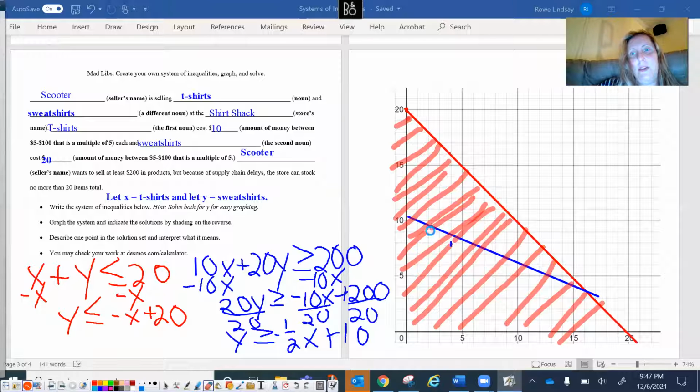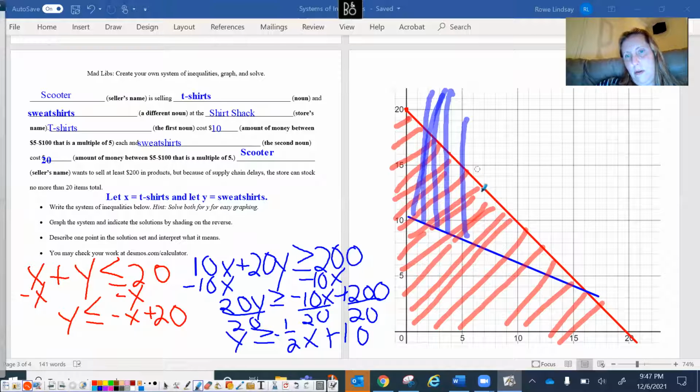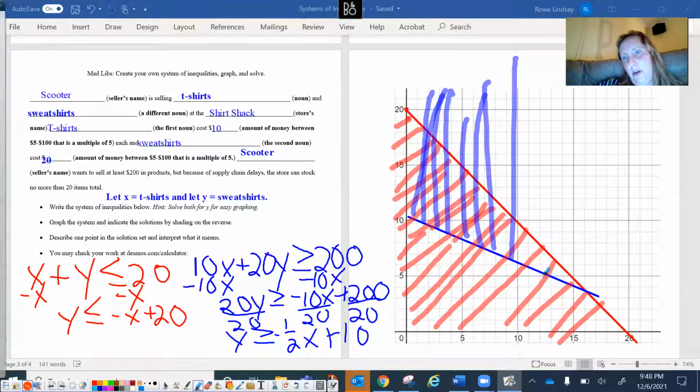Okay, now we need to do the shading for this one, and it's y is greater than or equal to 1/2 x plus 10. So we need to shade above the line. Okay, so that's going to be in this direction. Now remember the solution to the system, and I didn't draw my blue line out far enough.